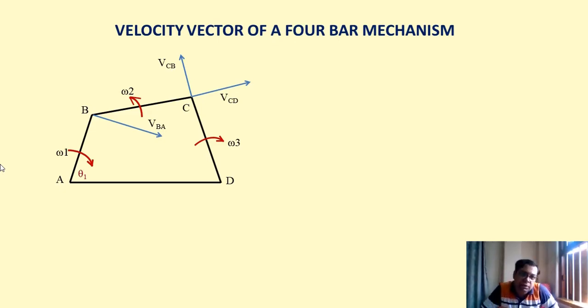Let me give you the answer to this question. Look closely. Over here you can see that the angle ABC is greater than 90 degrees but less than 180 degrees.